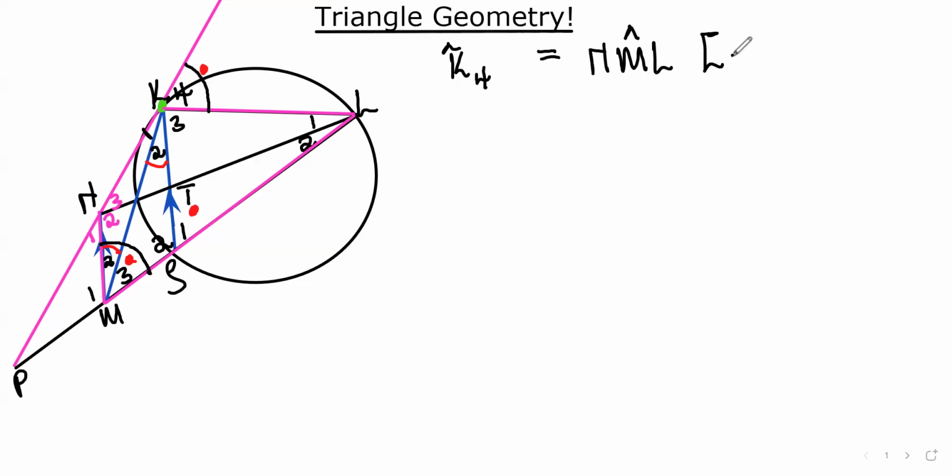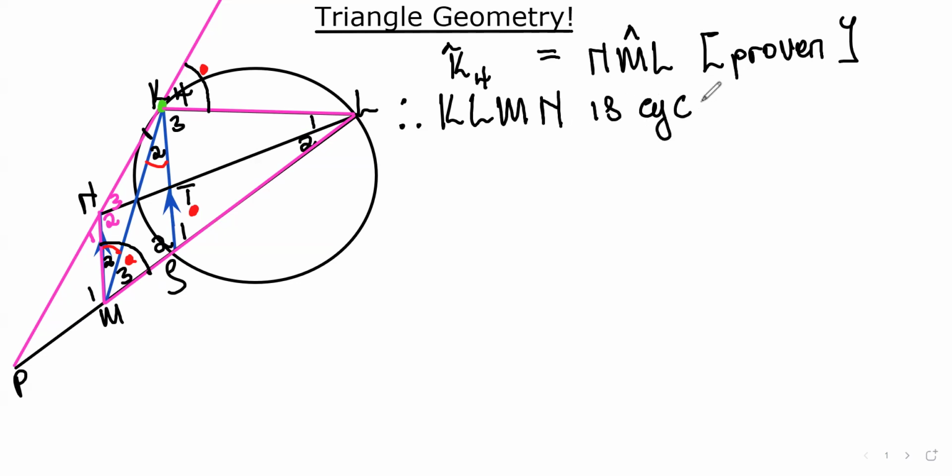Well, this was already proven above, but it's still necessary for you to tell us this. Then you can make a conclusion and say, therefore, KLMN is a cyclic quad.